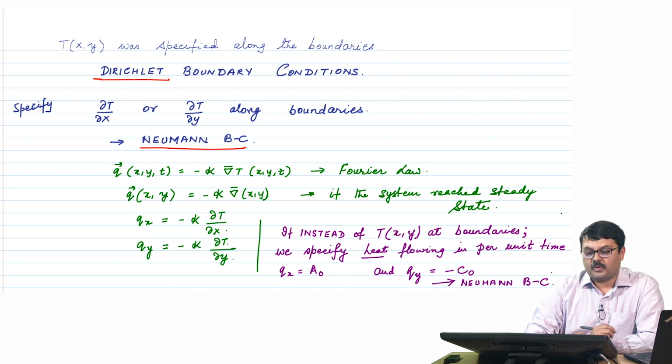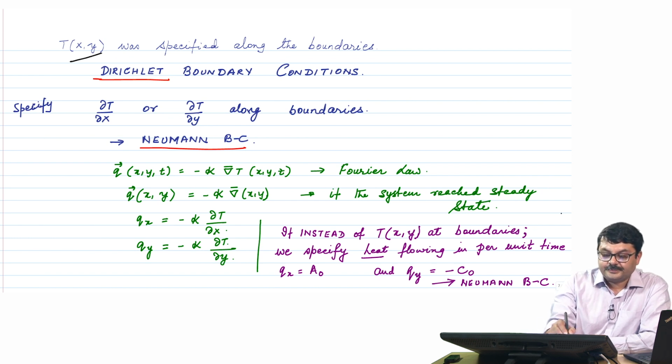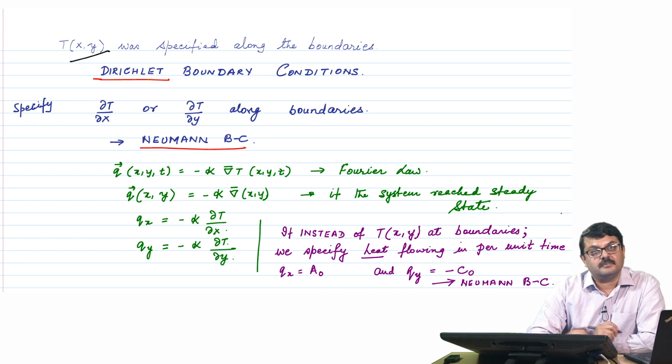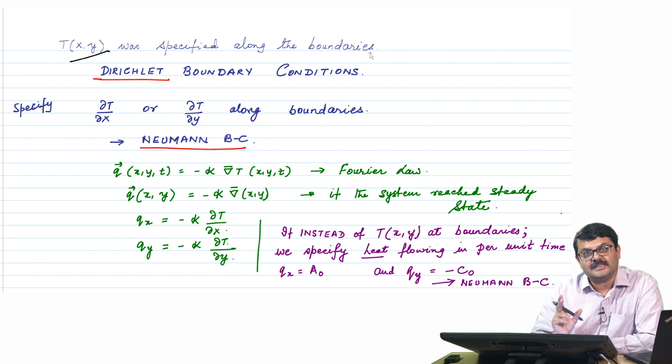In the last class, we discussed solving the Laplacian equation for T(x,y), where the temperature was specified along the 4 boundaries of a plate, and we solved self-consistently for the points inside the plate, leaving out the boundaries, and found the final temperature of the system.